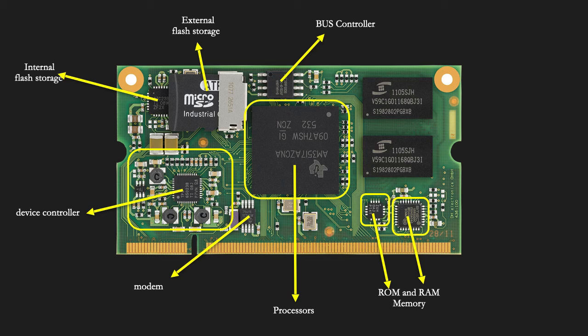What I want to emphasize here is that the kernel resides in this particular area here in the memory. You can see here ROM and RAM. So the smaller chip here, the ROM, that's where the kernel resides.